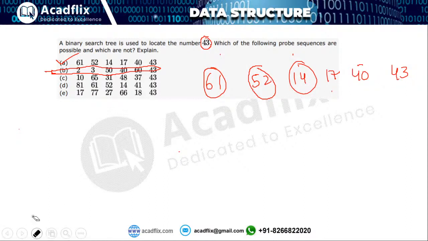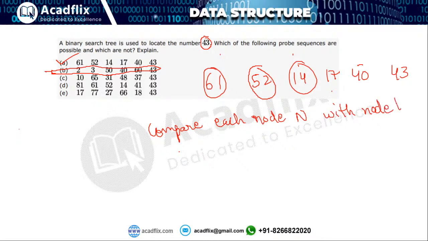So now the procedure is this: compare each node, let's term it as n, with the node to be searched, which was 43 in this case. So for every node n, you compare the node n with the node to be searched. Let's say that the node to be searched was s.